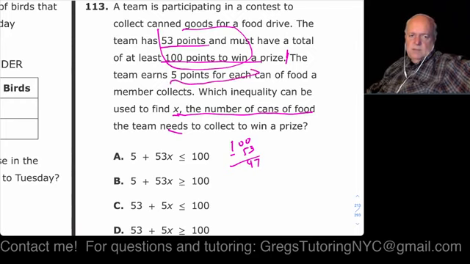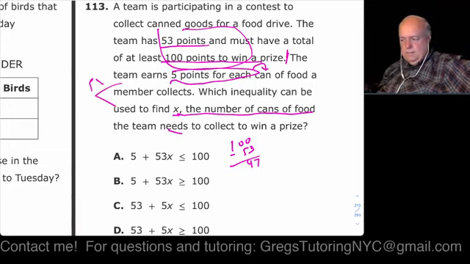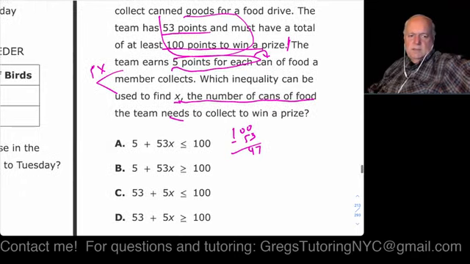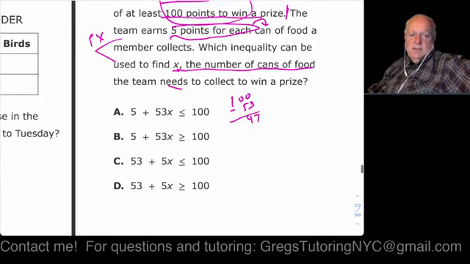If x is the number of cans, we need to be doing something with 5x here. That missing number of points is what we're trying to shoot for, but it's asking us which inequality will get us there.